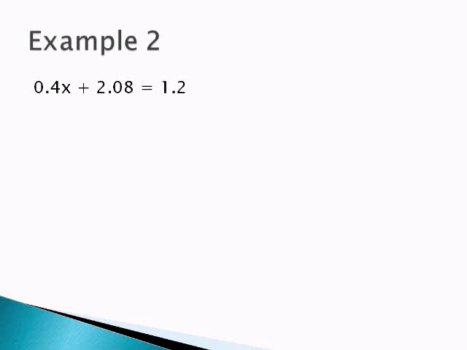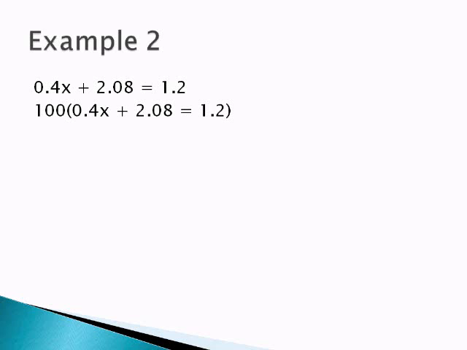Right in the middle you'll see 2.08. There's 2 decimals. So we're going to put 2 zeros and multiply by 100. What that's going to do is move the decimal point 2 places.